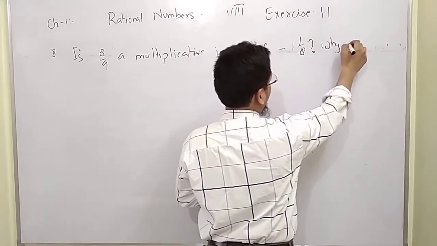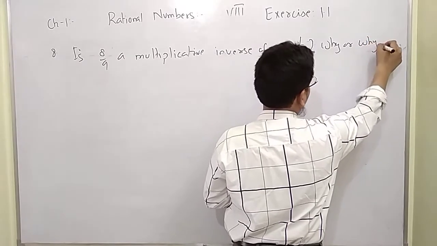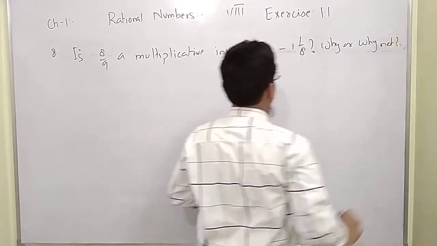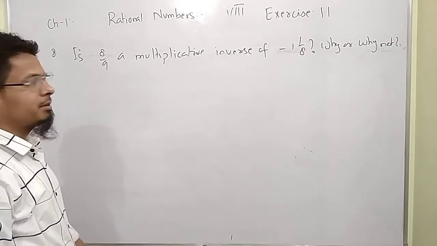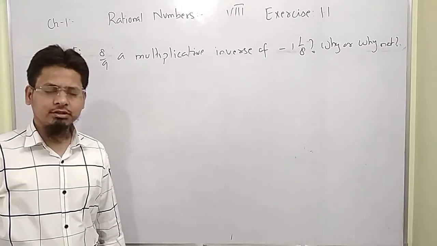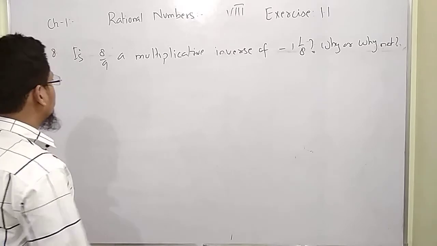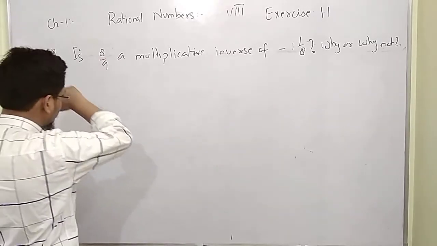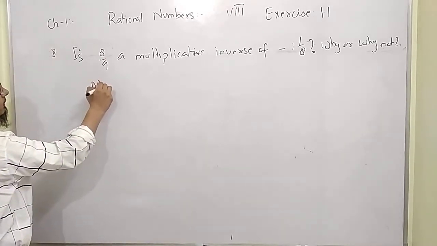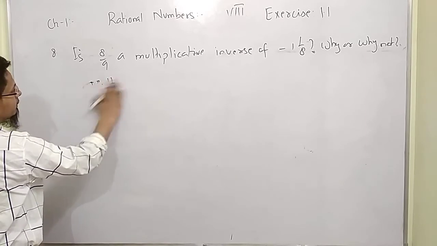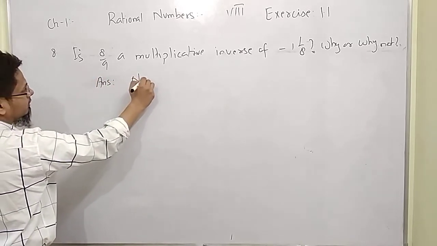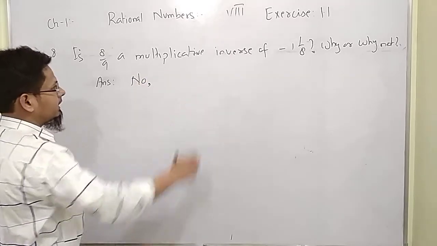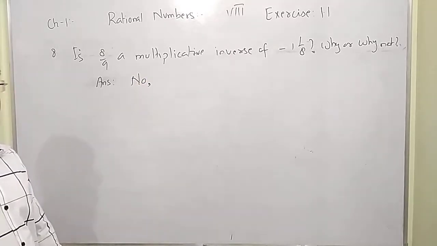Why or why not? So the answer is no, because in a multiplicative inverse the sign will not change. The sign will remain the same. So it is 8 upon 9. If you want to find the multiplicative inverse, firstly you write the answer is no. And after that, I'm explaining it.